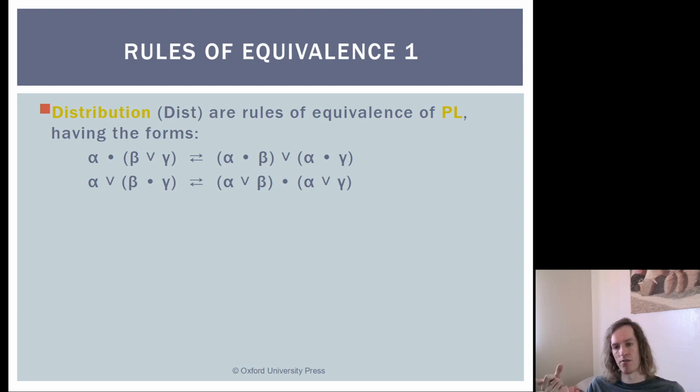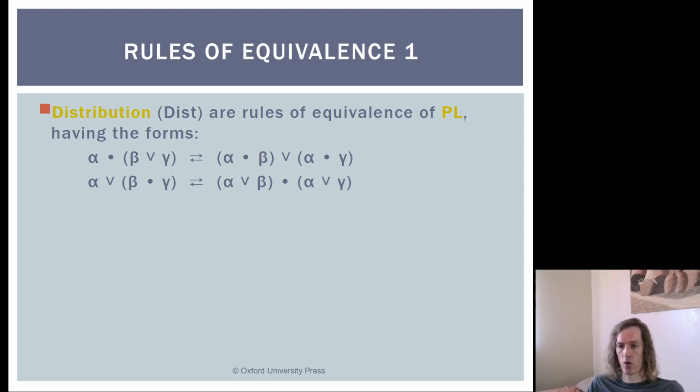We know that we have alpha and either beta or gamma. We don't know which one. So we could also express this as either we have alpha and beta, or we have alpha and gamma. We know that one of these two things is true. We don't know which one is true, but we know that one of them is true.